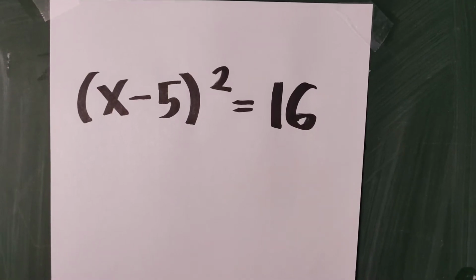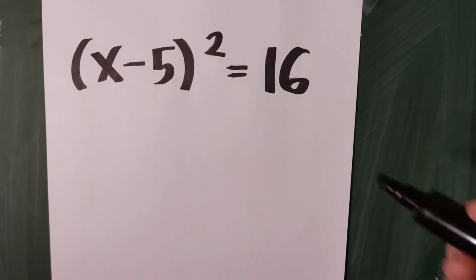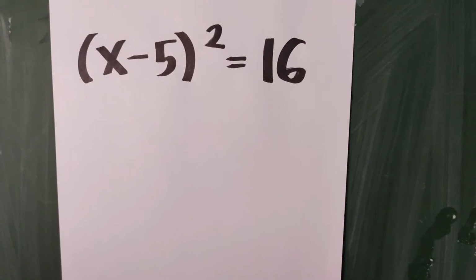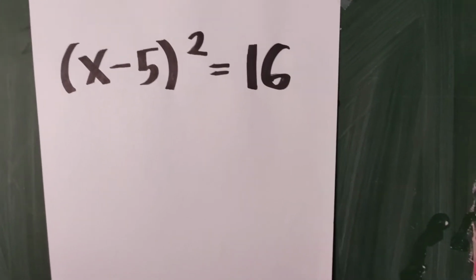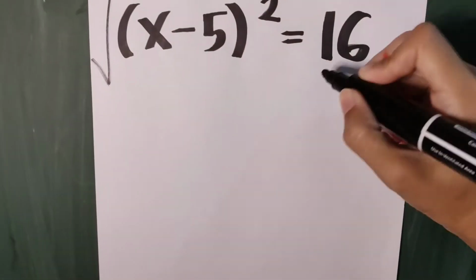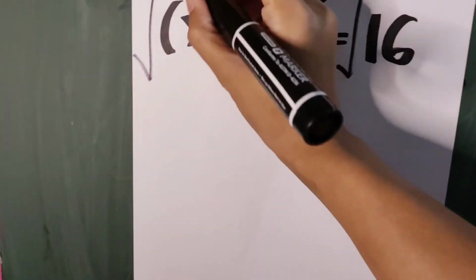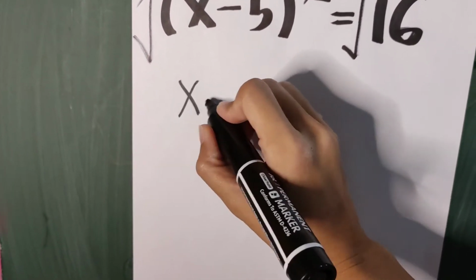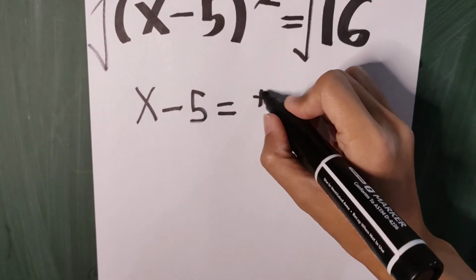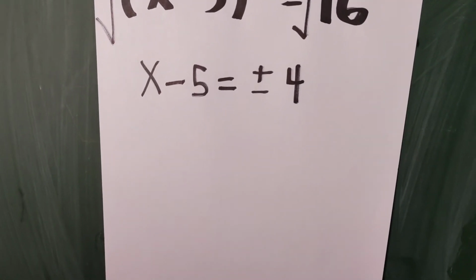Our next example is x minus 5 squared is equal to 16. Since we could notice that this is already squared, we can now extract the square root of both sides of the equation, then simplify. So let us take the square root of this and the square root of 16. So canceling this, we have x minus 5 is equal to the square root of 16 is positive and negative 4.